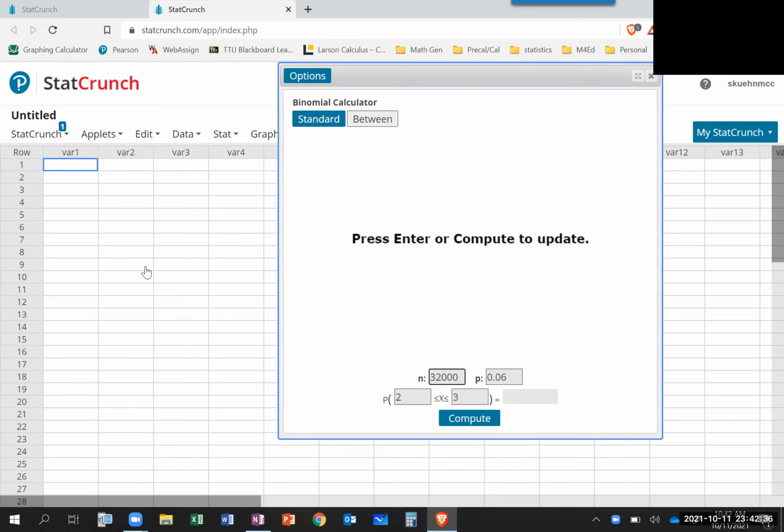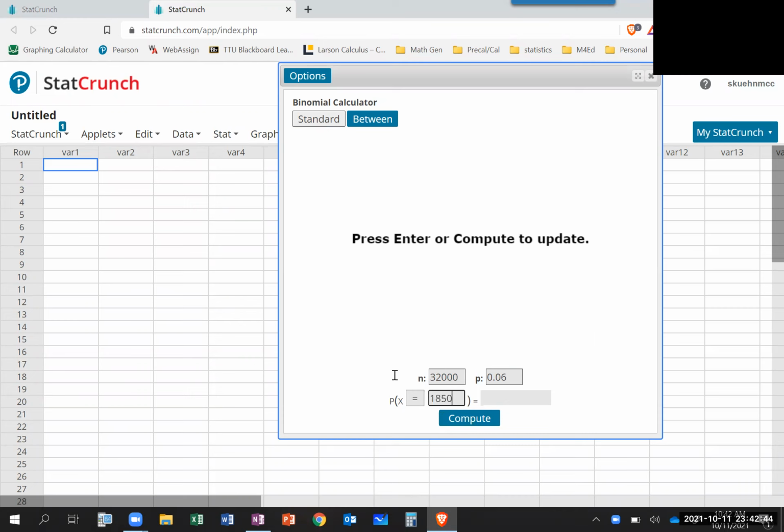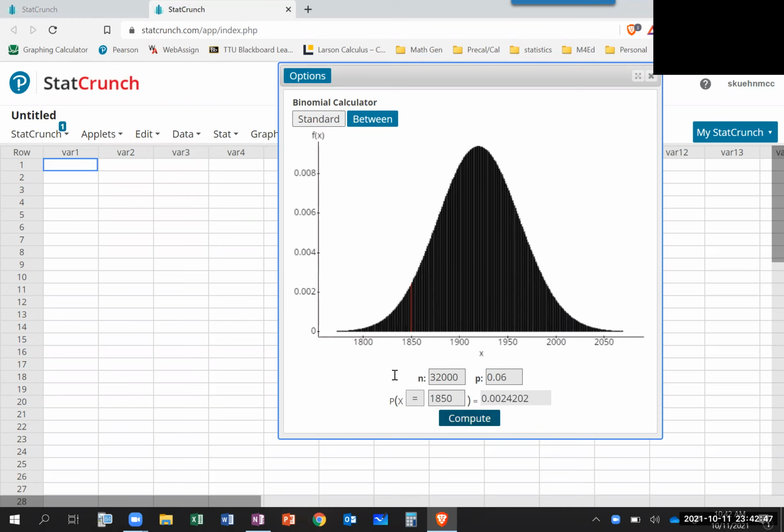And I need to go back to the standard one. So I'm looking for equal to 1850. There's an awful lot of black there, isn't there? And notice that it's a smooth curve too, right? It's much smoother than the little sticks that we saw previously.